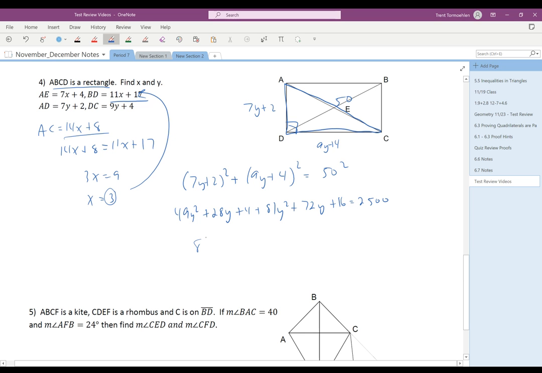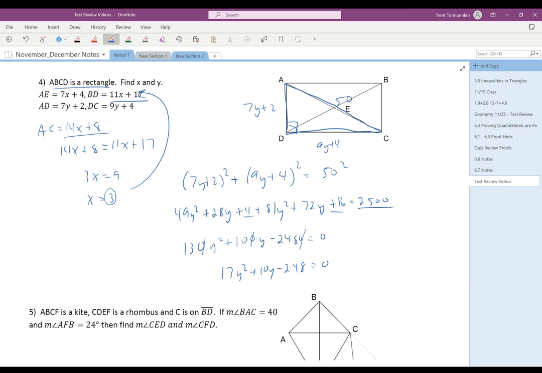Adding like terms, we get 130y squared plus 100y plus 20, subtract that, minus 2480 equals 0. Notice these all end in 0, and so we can divide through by 10 to get 13y squared plus 10y minus 248 equals 0. At this point, you can either use the quadratic formula, or you can try to factor it.